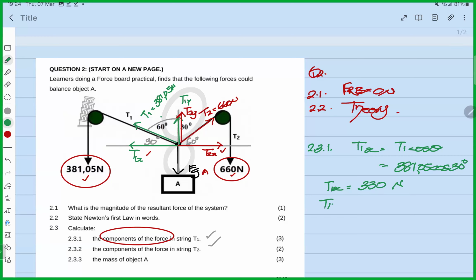And T1y. So I have a question. Yes, sir. So for the x component of T1, do we put it as negative 330, sir? I'm going to come to that, sir. I didn't put down the directions for a reason. T1y, anyone? 190.53. 190.525.